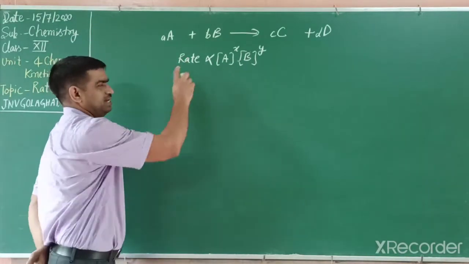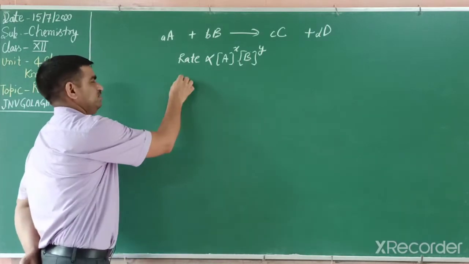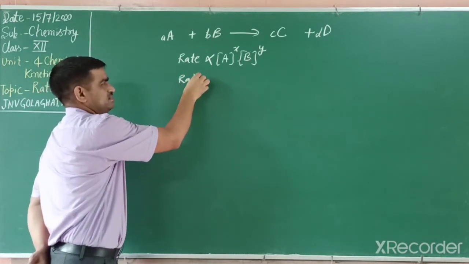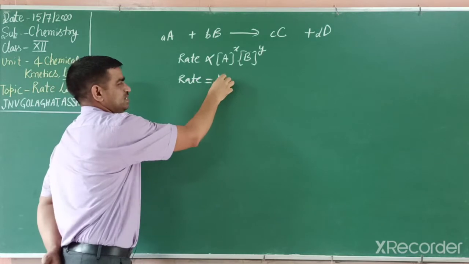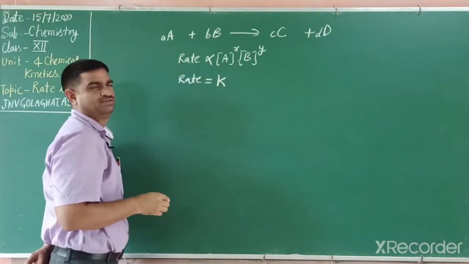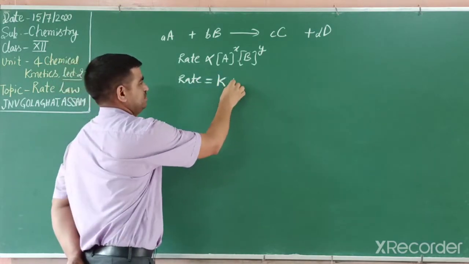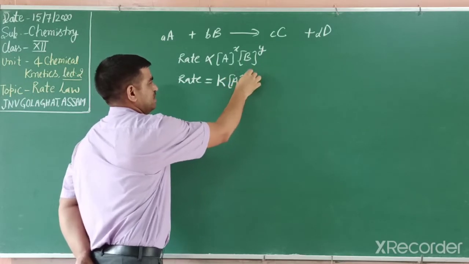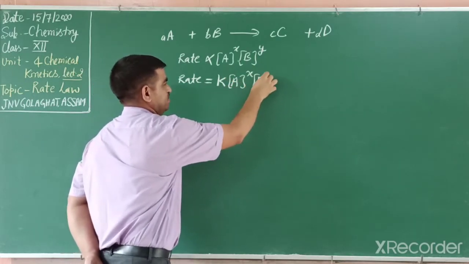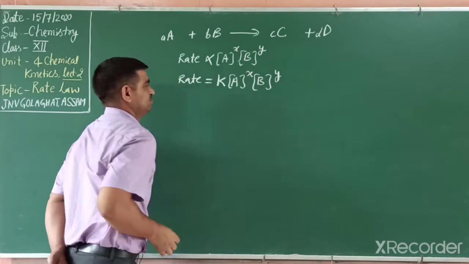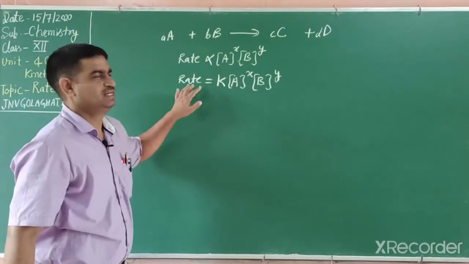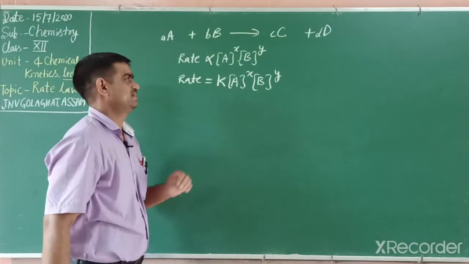When we remove the sign of proportionality, then we can write rate is equal to k, the proportionality constant, or we can say rate constant, [A] power x, [B] power y. So students, this is known as rate expression or rate law.